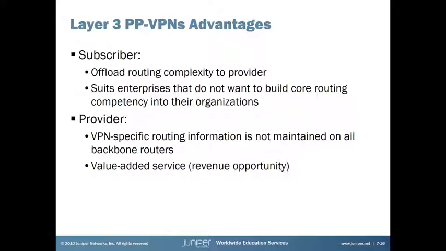So for the provider, the VPN specific information is not maintained on all backbone routers. What that means is that for the provider, this is a very scalable solution in that it's only the edge routers that have to participate in the VPN. Not all the routers in the whole network have to participate. Only the PE routers participate in this VPN, which means that it is less administrative work to set up the VPN and to make changes to it.